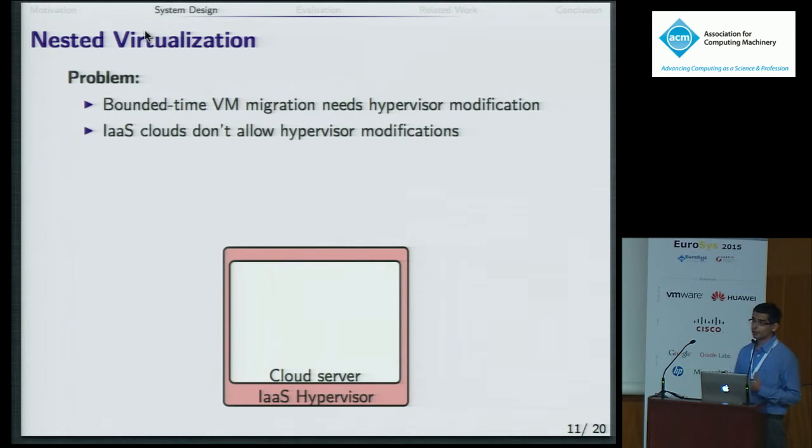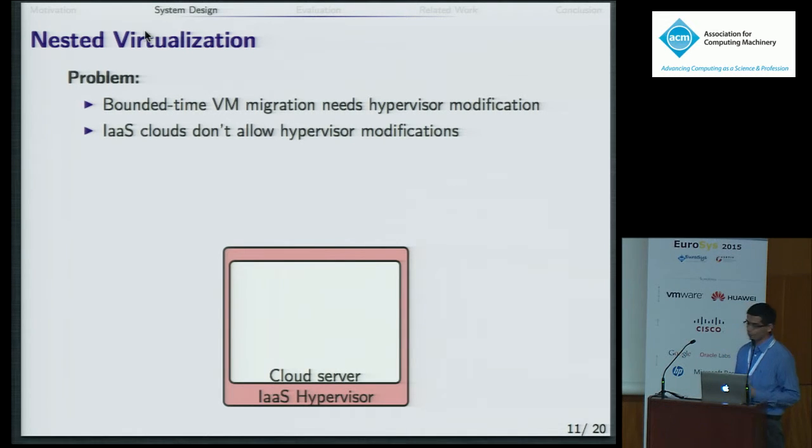So bounded time VM migration is great, but this, just like VM live migration, is a virtualization mechanism which requires hypervisor support. And as far as we are aware, no popular cloud provider will allow these migration mechanisms to be exposed to the user, nor do they allow us to modify the hypervisor for security and other reasons.